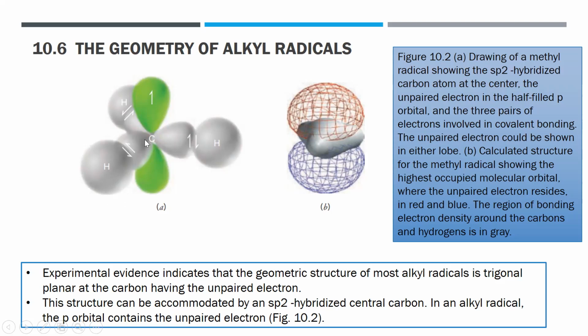This is CH3 dot, actually, the methyl radical. For example, the carbon can be bonded to another carbon, which would have CH3, CH3, CH3.